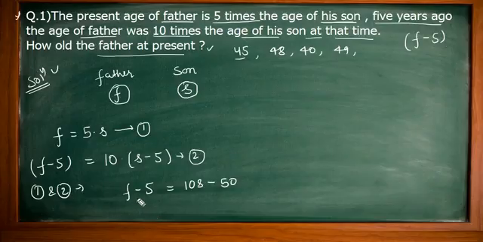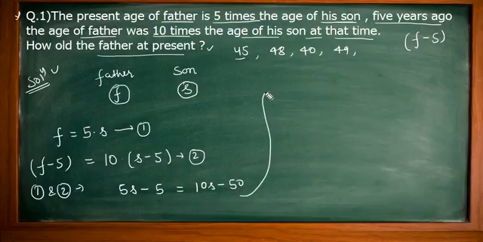Sorry guys, just a minute, I made a mistake here. If you solve these equations, then you will get a term like 5S minus 5 equal to 10S minus 50. Here we go.